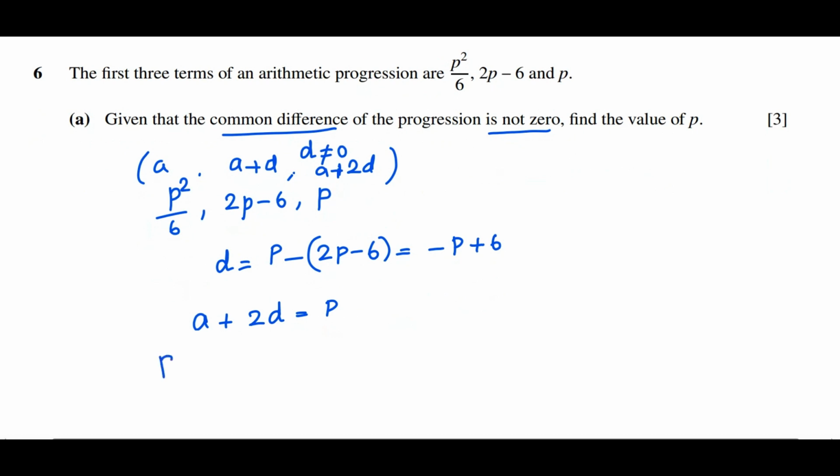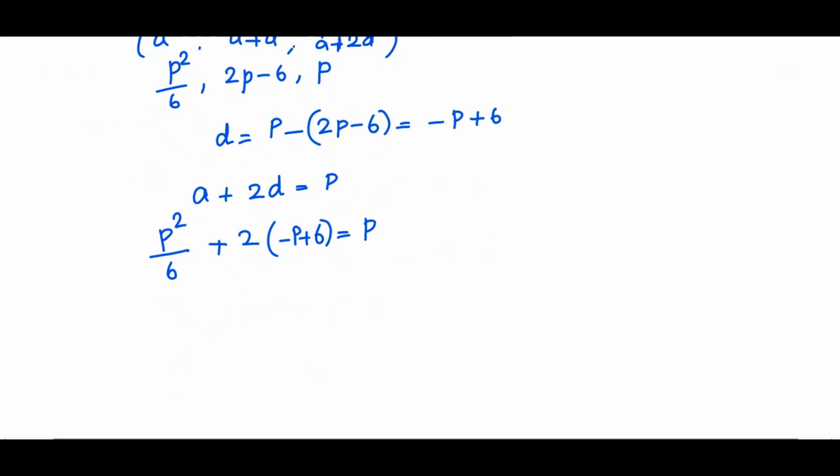And we know the A value is P square divided by 6 plus 2 times the difference, which is minus P plus 6, equal to P. P square divided by 6 minus 2P plus 12 minus P equal to 0.